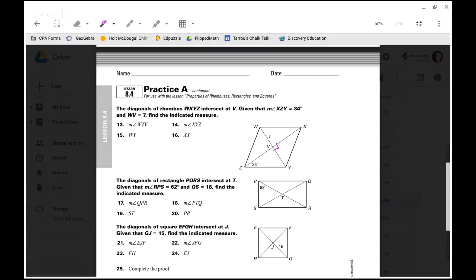Okay, so we're trying to find the length of XY. Do we know anything else about the angles up here?